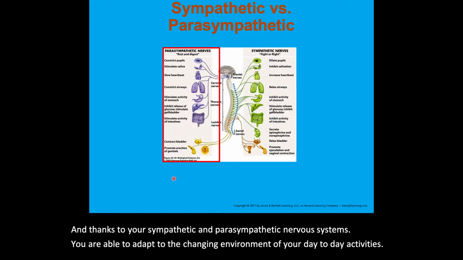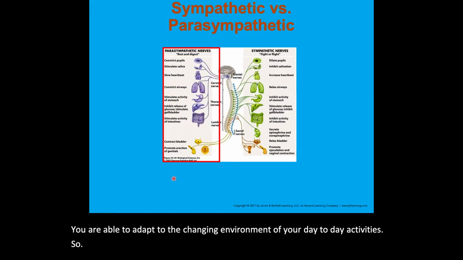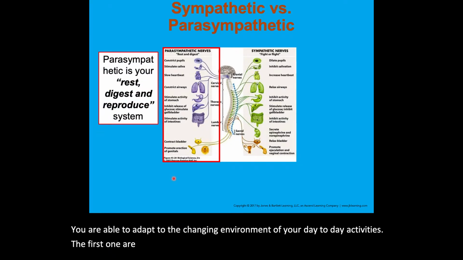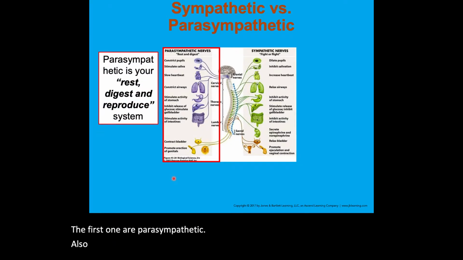So the first one, our parasympathetic, also known as our rest, digest, and reproduce system. So what happens here? Our pupils constrict. We have saliva production.